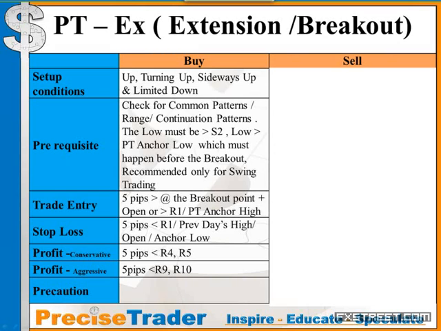So this has to be above the breakout point, plus it has to be greater than the open, or greater than R1 or greater than anchor high. Stop loss is less than R1, less than previous day's high, less than open, less than anchor low, whichever way your risk reward permits, then you may want to stick to that.